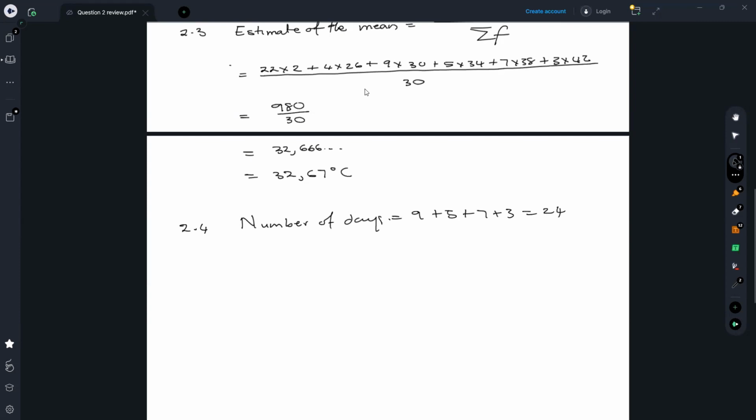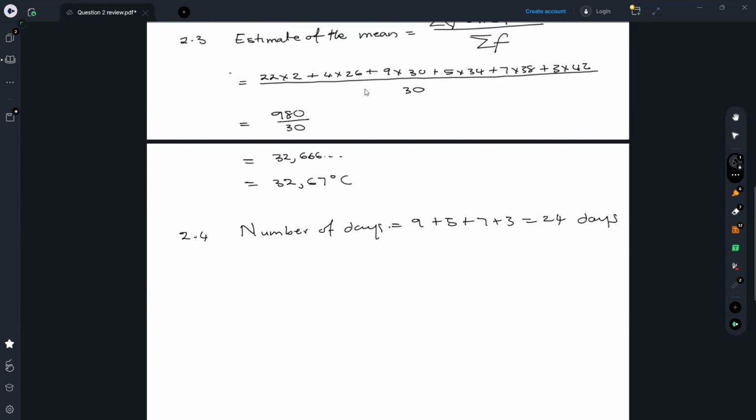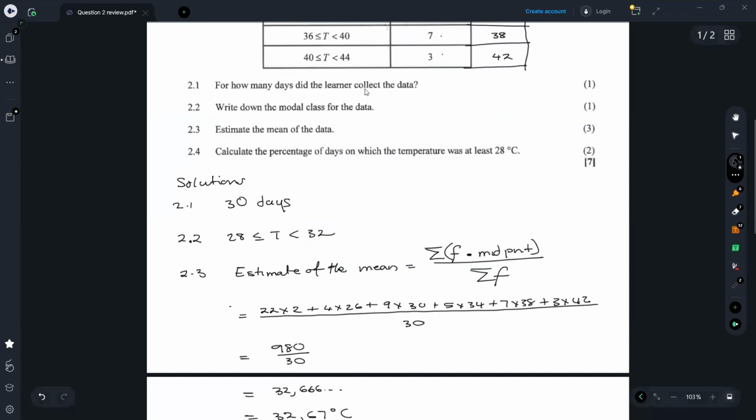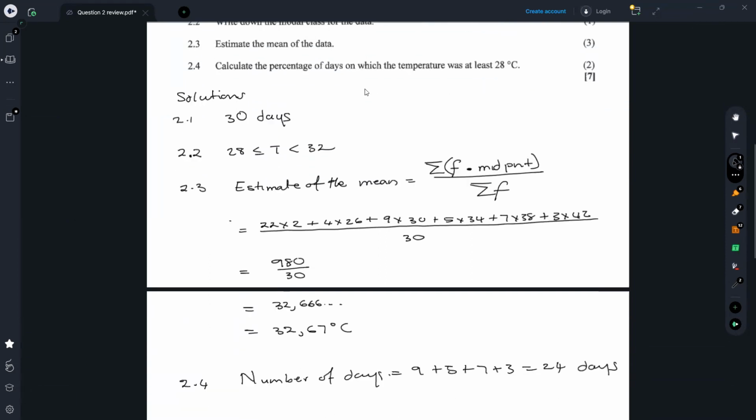So these are the number of days where, when you say at least, the smallest was 28. And they said calculate the percentage, so we have to represent this information as a percentage.